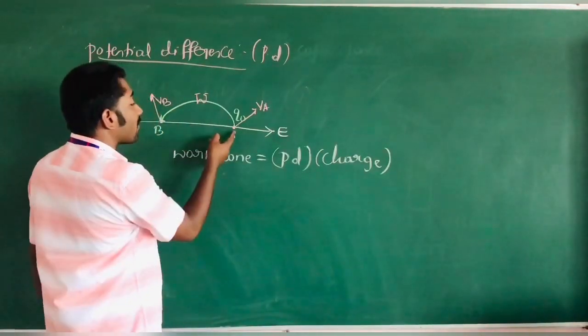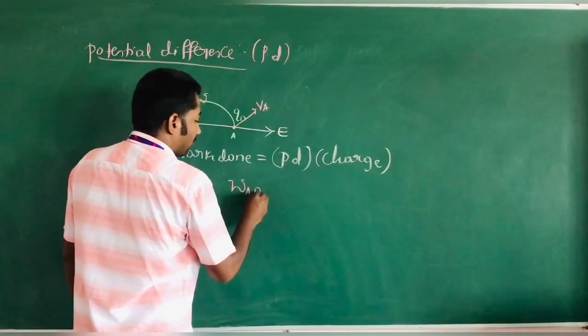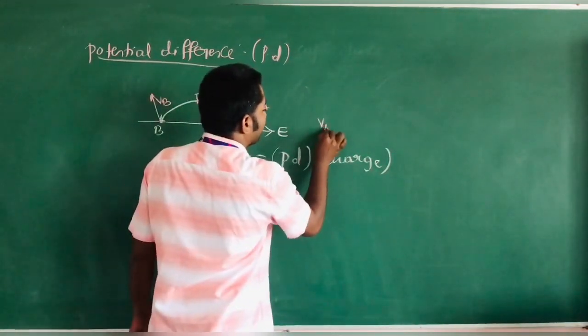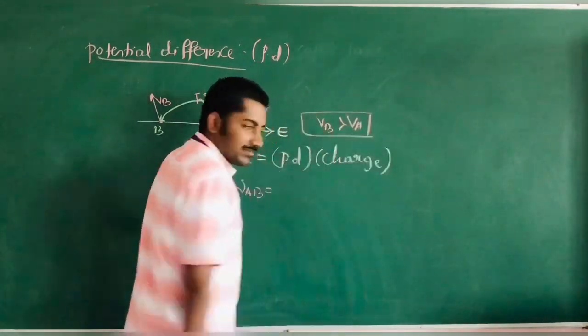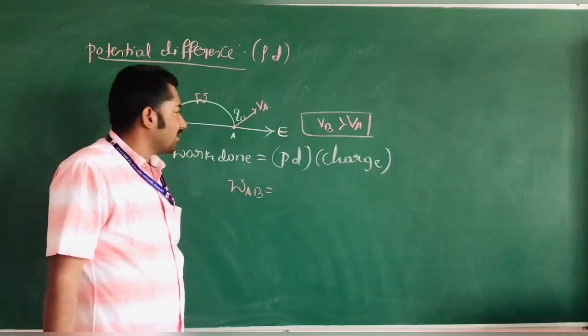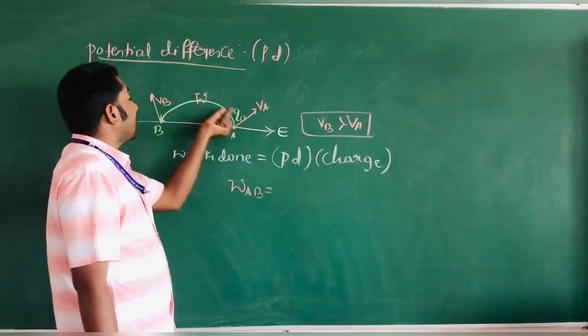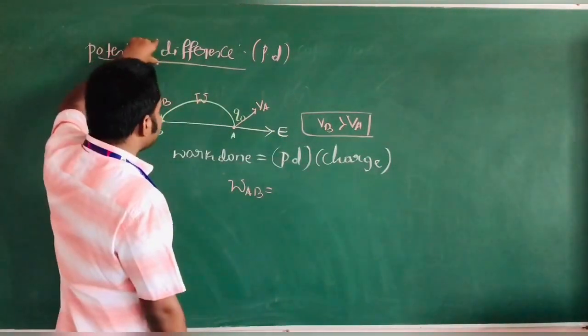Now, the work done from point A to B, W from A to B. In this case, the potential at point B is greater than the potential at point A. The work done in bringing a unit positive charge from point A to B against the direction of the electric field is called the potential difference.